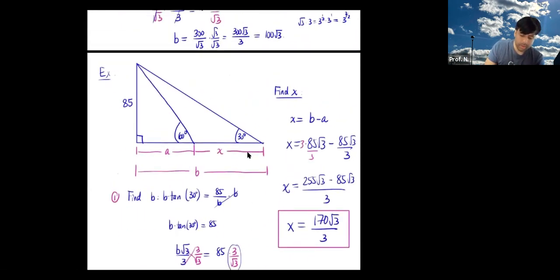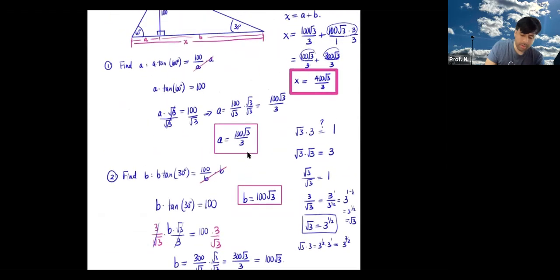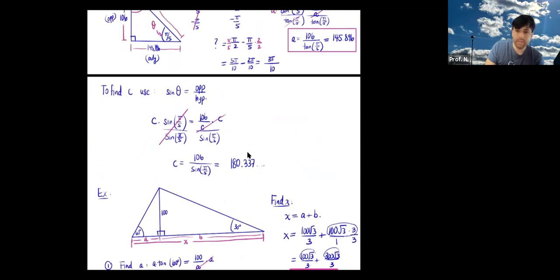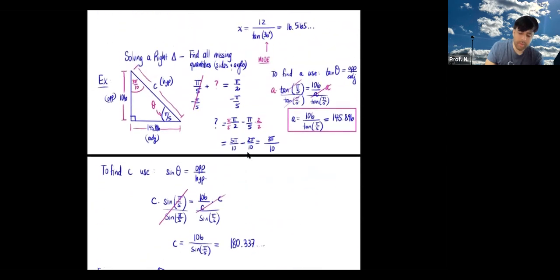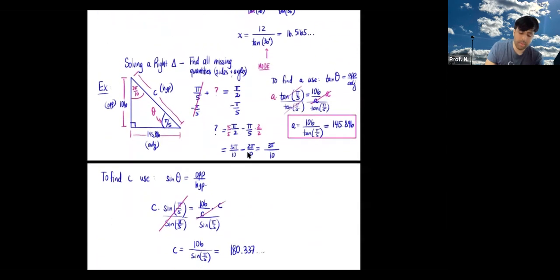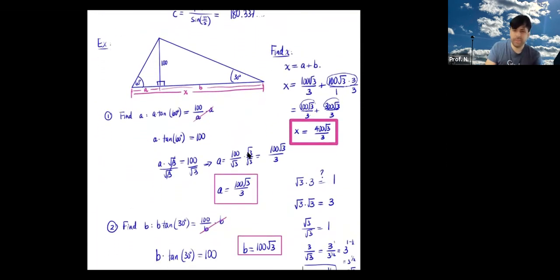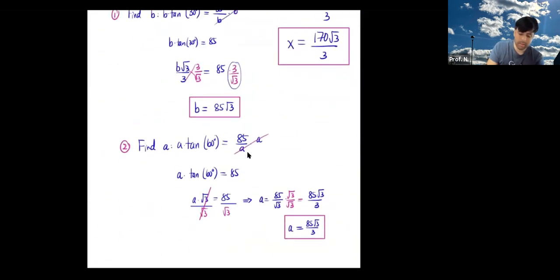So now that we know how to utilize these trig ratios to find these missing sides, we can do, for example, the following. These are like applications, right? Applications of trig.